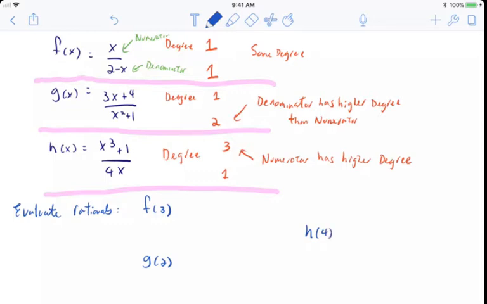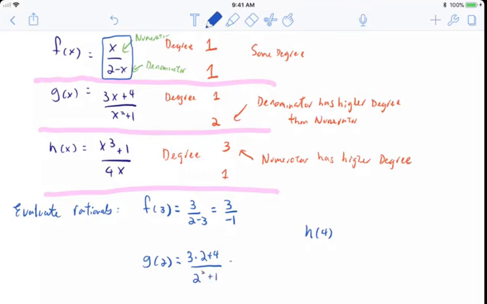So the first one, I'm just going to replace the values of x in this expression with the number 3. 3 divided by 2 minus 3. And then I evaluate. 3 over minus 1. Second one for g. 3 times 2 plus 4 divided by 2 all squared plus 1.